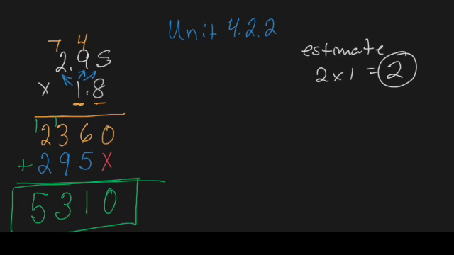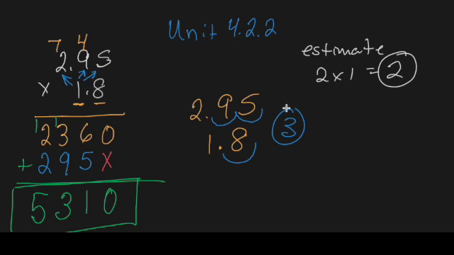Now, in order to figure out where we put the decimal place when we're multiplying decimals, we have to take a look at the two numbers we multiplied together to get what we have. And you can see that in the first number, we have 2 decimal places, and in the second number, we have 1 decimal place.